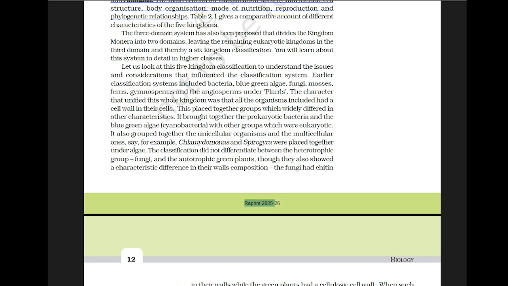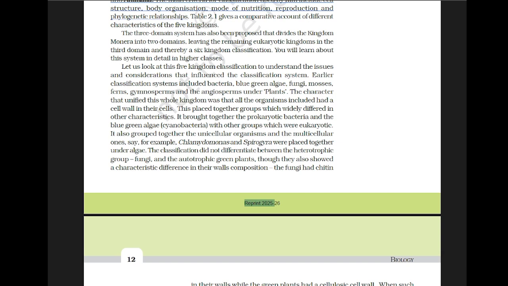This anomaly was eliminated by grouping all unicellular eukaryotes in a separate kingdom, kingdom Protista. And the last one is that green plants have a cellulosic cell wall, while fungi have a chitinous cell wall. Green plants are autotrophs while fungi are heterotrophs. Based on this difference, the fungi were placed in a separate kingdom called kingdom Fungi. These are the main advantages of the 5 kingdom classification.